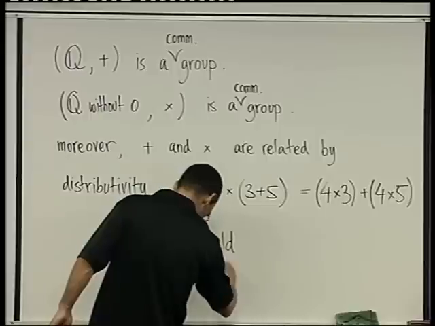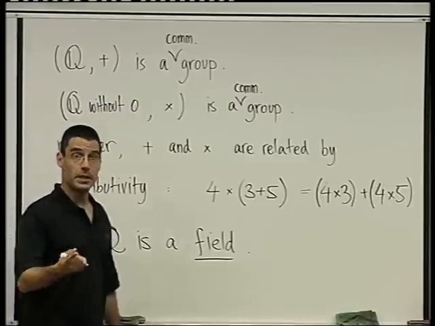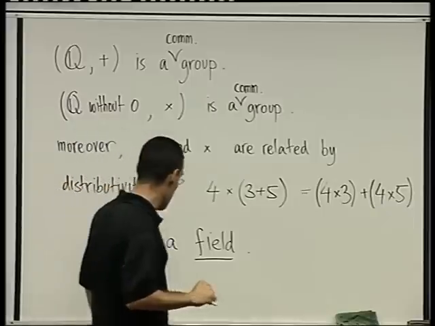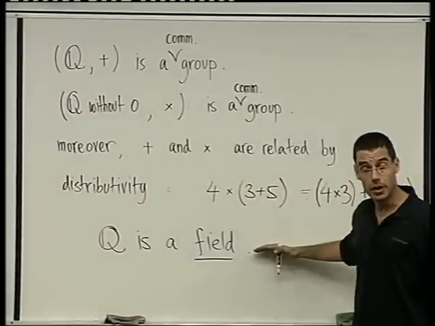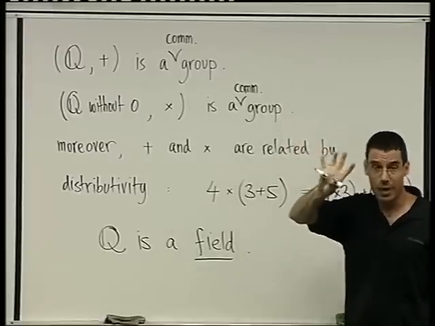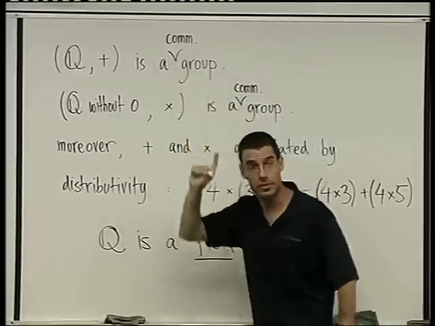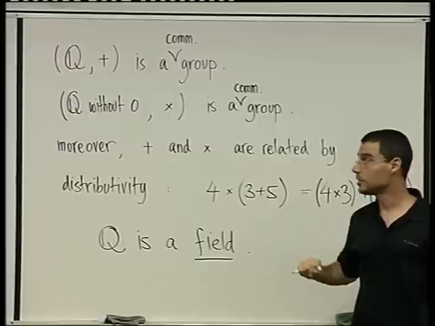What I want to do, in the next lecture, is write down the axioms of being a field. For being a group, there were 4 axioms only, plus a 5th axiom for being a commutative group. For being a field, there are going to be 11 axioms.